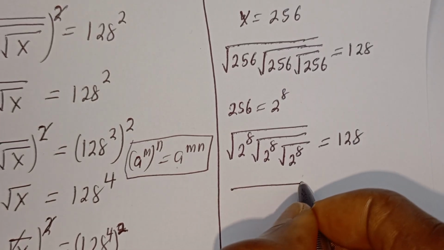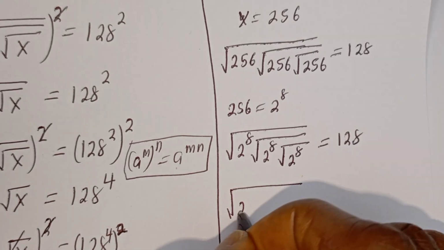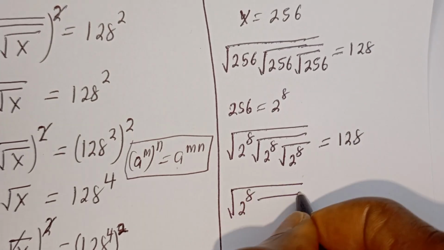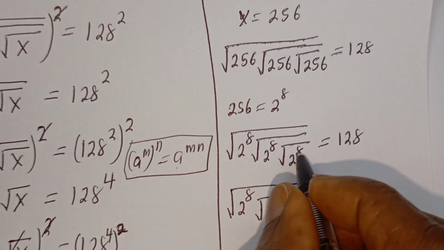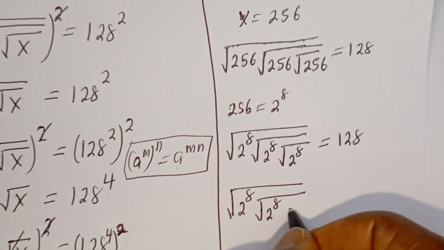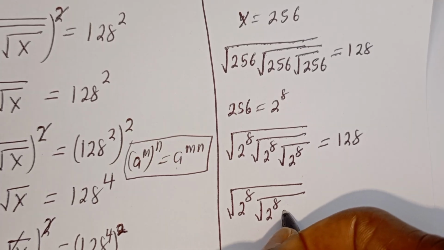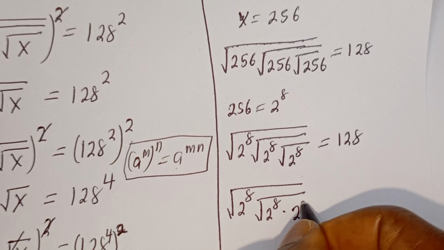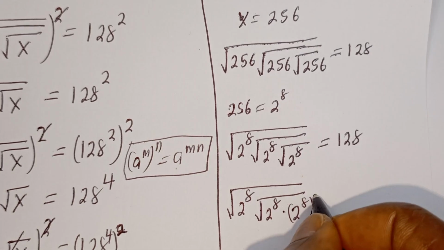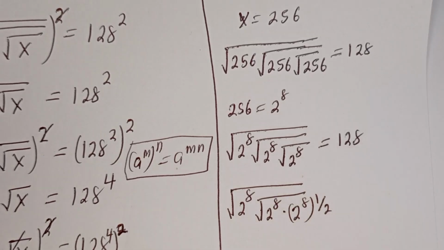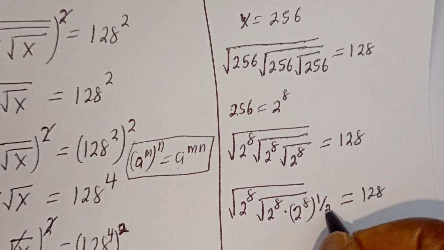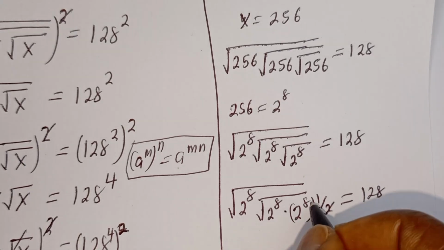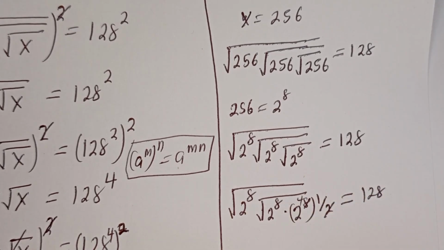We have square root of 2 to the power of 8, square root of 2 to the power of 8. Then this is multiplied by 2 to the power of 8 to the power of 1 over 2 is equal to 128. The 2 here 1, 2 here 4.